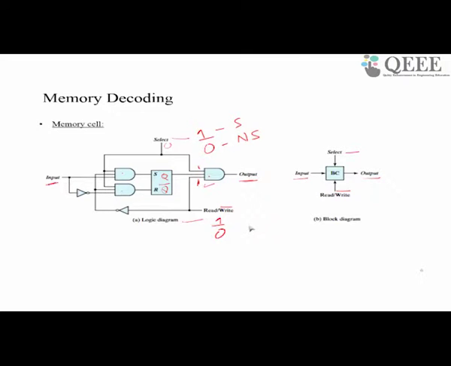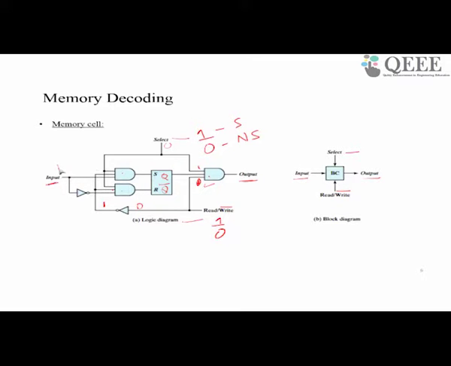On the other hand, when R bar write bar is 0, then this AND gate is disabled, whereas 0 here will place a 1 here, and both these gates are now opened. Then the input bit and its complement will be available to the S and R inputs of the flip-flop respectively.